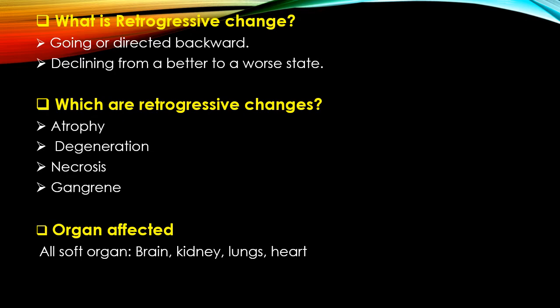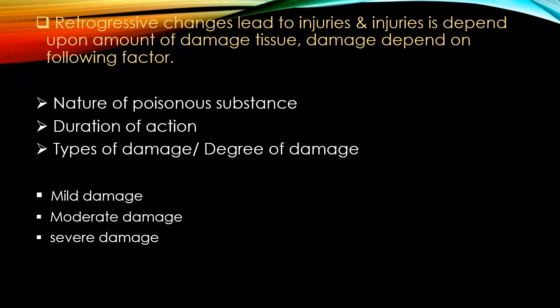The retrogressive changes lead to injury, and injury depends upon the amount of tissue damage, depending on the following factors, like the nature of the poisonous substance. An injury agent that is non-living produces less damage than a living agent, because a living agent, after its entry into the body of the host, starts multiplication and produces toxic substances as its metabolic byproduct, which act locally and also appear in the blood.